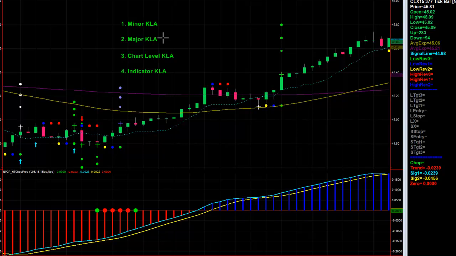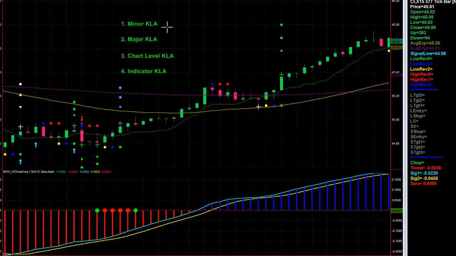And some charts, like with crude oil, the Russell, the Dow E-mini, the minor key level adjustment is going to be any quote that's a multiple of 5. So it might be for crude oil 45.15 or 45.20 or 45.35, right?